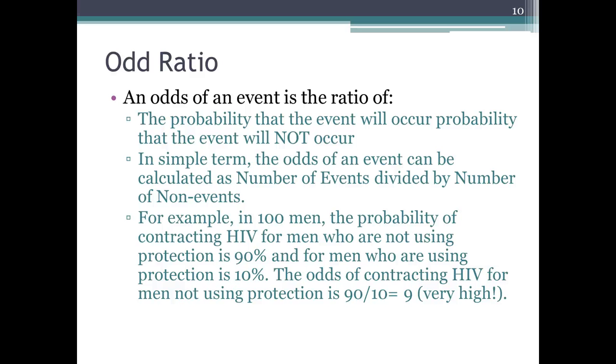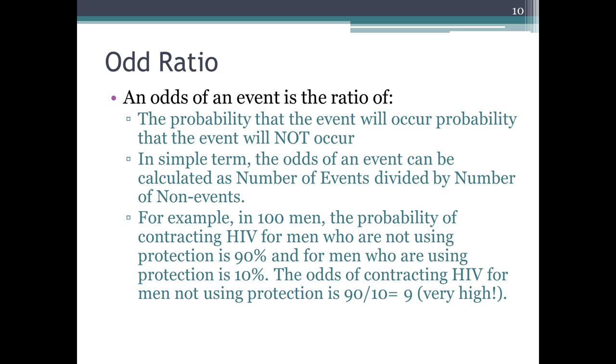If you look at the example on the lower part of the slide, you will see that if you have a sample of 100 men, and the probability of contracting HIV for men who are not using protection is 90%, and then for men who are using protection is 10%.